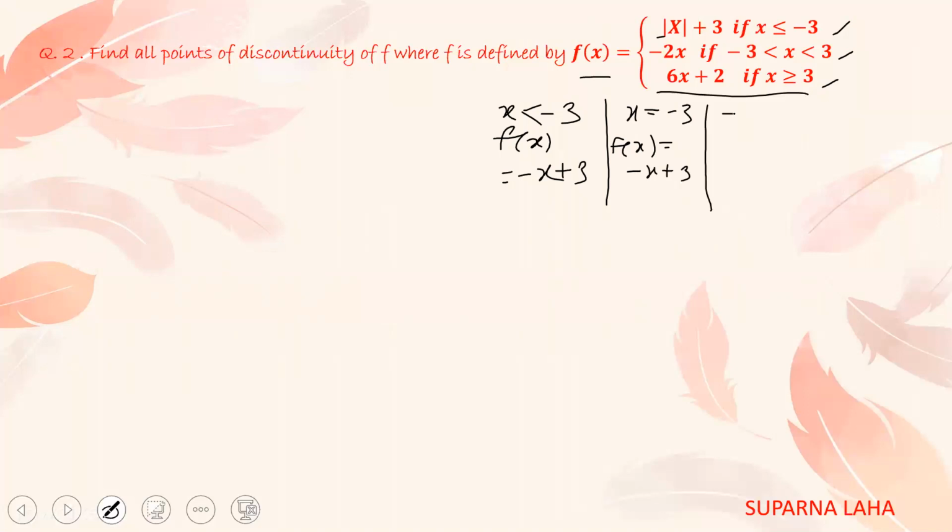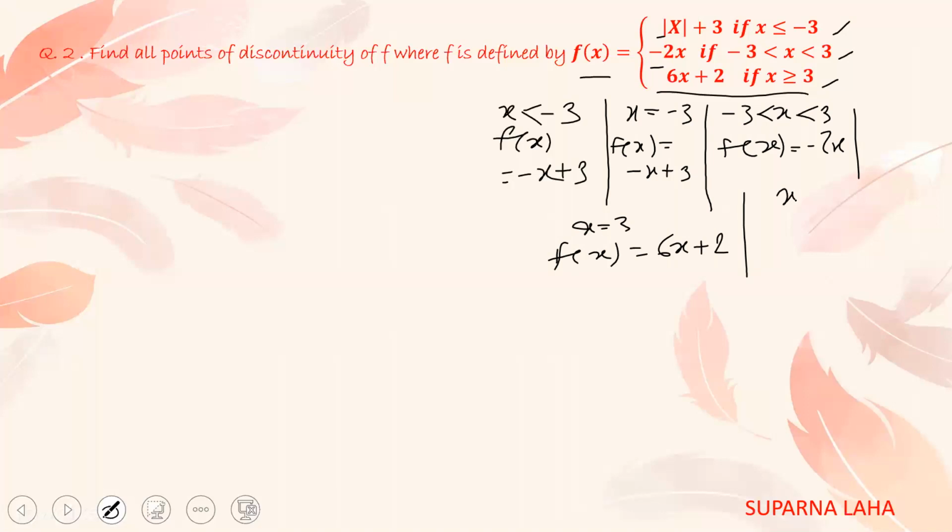Now check for x between minus 3 and 3. So what is f of x? f of x is minus 2x. Here the function is given. Now for x equal to 3, the function is 6x plus 2 from the last definition.